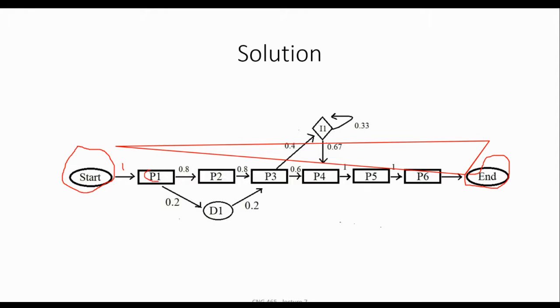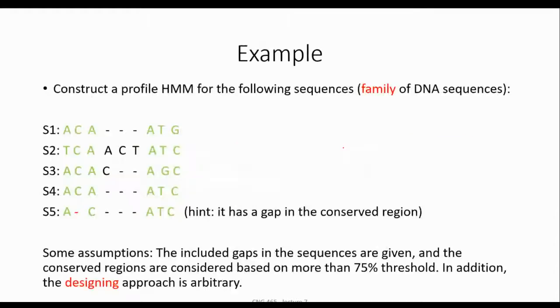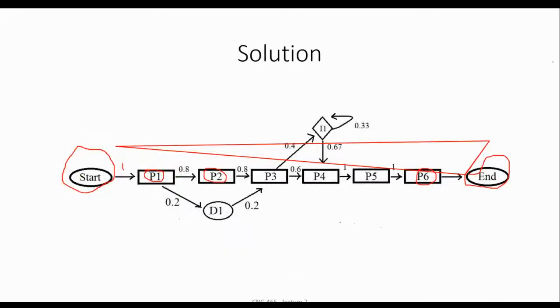As you can see, these states, which we call match states, there are 6 of them. But why is that? The strings that we had here all have 9 positions, including the gaps, of course. So how come? Because we decided that we have these regions as conserved regions, and this region is not a conserved region. So 6 nucleotides. That's why I decided that I have 6 places for my match states.